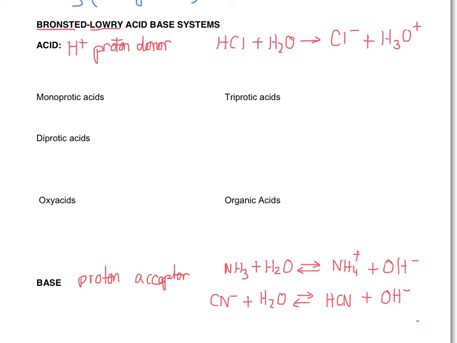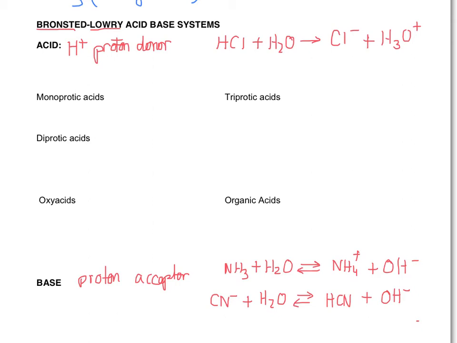Now let's go back to the Bronsted-Lowry acids. There are several types of Bronsted-Lowry acids. There are monoprotic, diprotic, and triprotic, and then we have oxyacids and organic acids. So let's start with the monoprotic. Mono means one. Protic refers to protons, so that means it only has one proton.